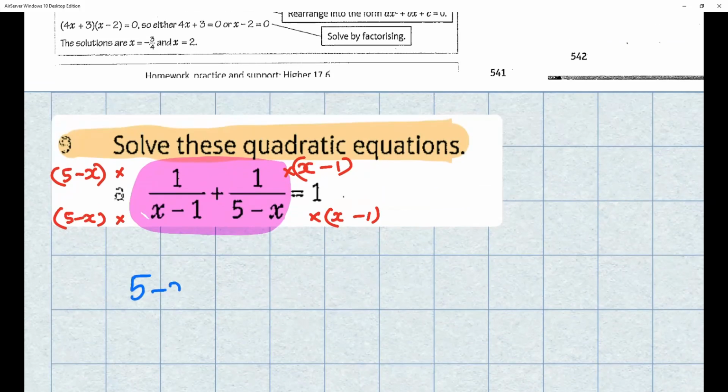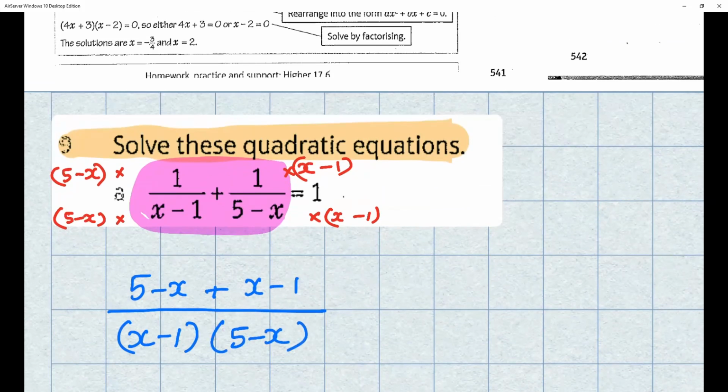We should have 5 minus x, because 5 minus x times by 1 is just 5 minus x, no big deal there. And 1 times by x minus 1 is again simply x minus 1. And we can write it straight away over a common denominator. What's the common denominator? x minus 1 times by 5 minus x.